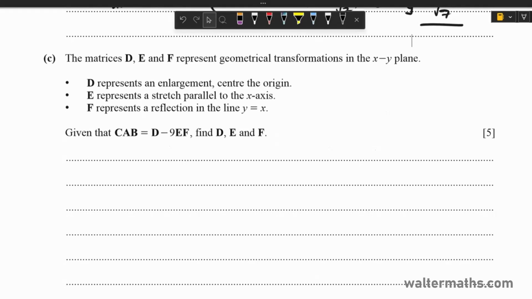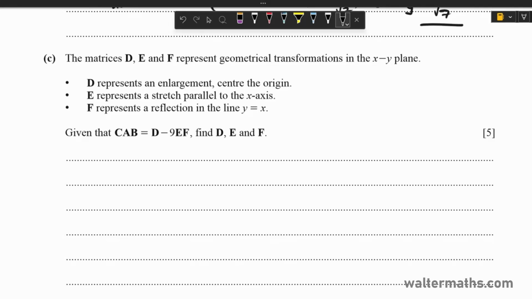On C, the question says, matrices D, E, and F represent geometrical transformations in the xy plane. D represents an enlargement, center the origin. E represents a stretch, parallel to the x-axis, and F represents a reflection in the line y is equal to x.